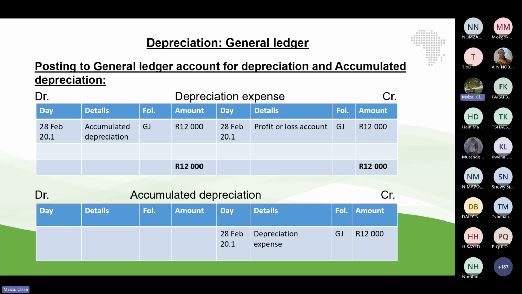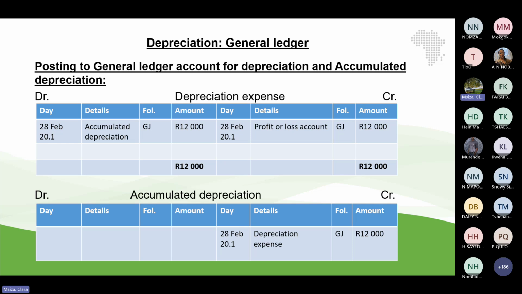Posting journals, what will be your T account? For depreciation expense, you will debit and credit. And then what is your contra account?